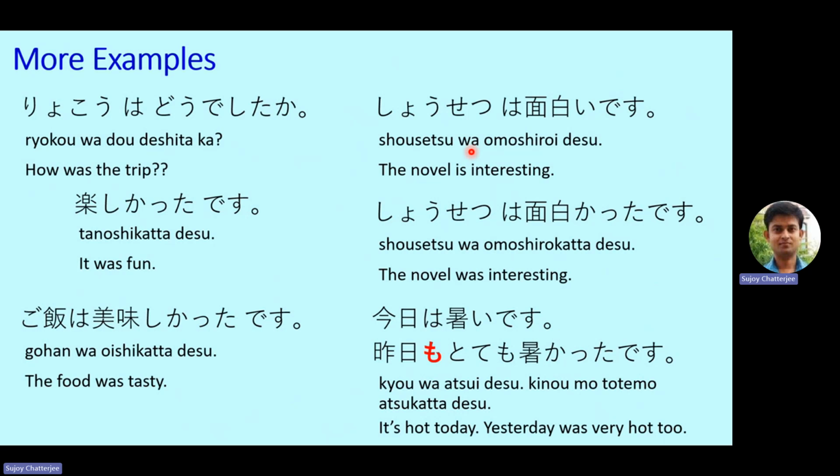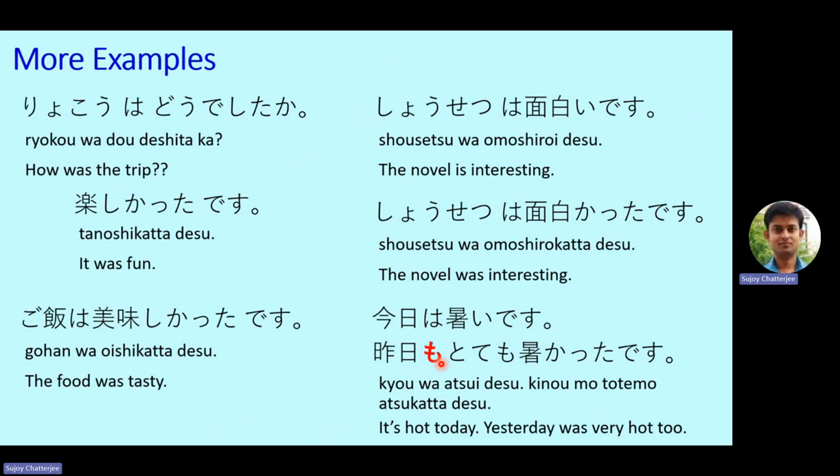Kyou wa atsui desu. Today it's hot. Kinou mo totemo atsukatta desu. Yesterday was very hot too. So here we have used the mo particle because the two sentences are talking about the same thing. We could have used kinou wa as well, but that would reduce the beauty of this conversation.